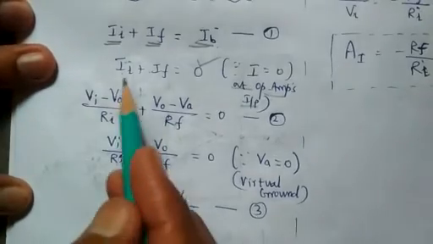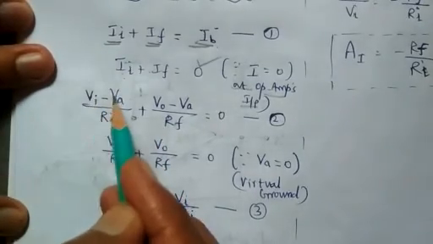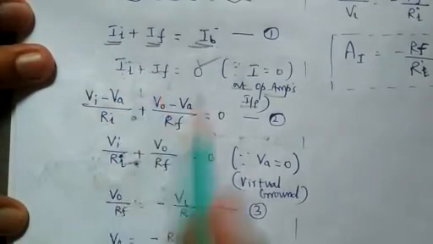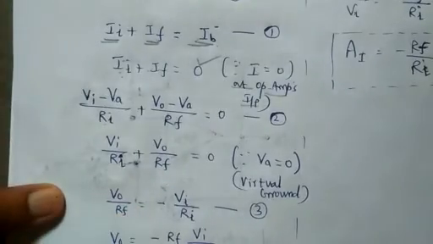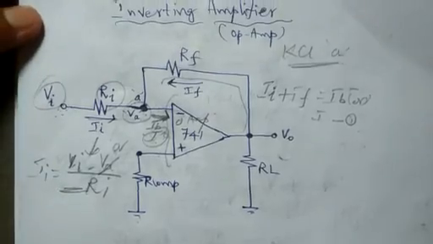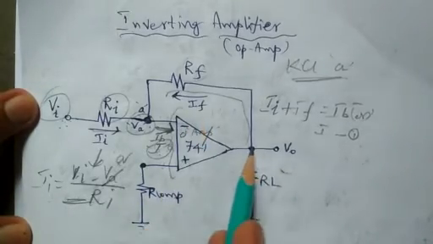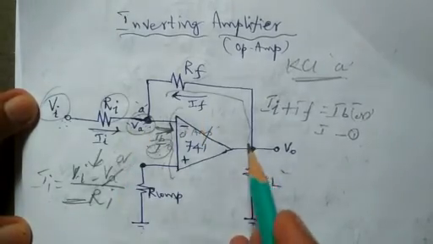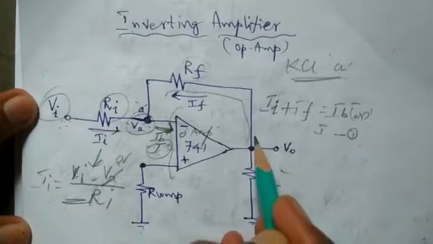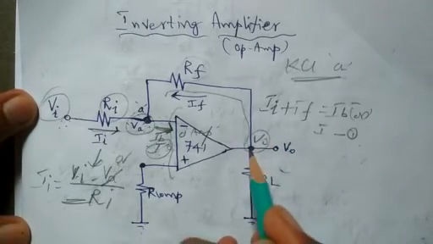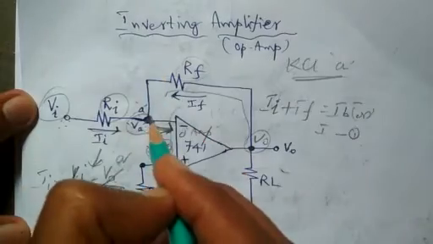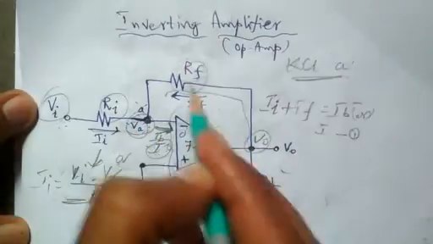As I said already, II will be source node minus destination node divided by Ri, plus IF. If you look into the circuit, IF is the source node potential minus the destination node potential. Here the source node potential is Vout. So Vout, the source node potential, minus the destination node potential Va, divided by RF.